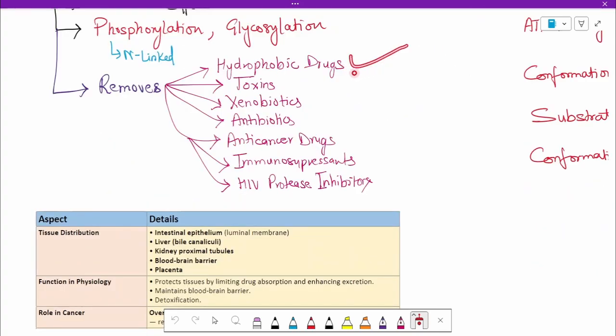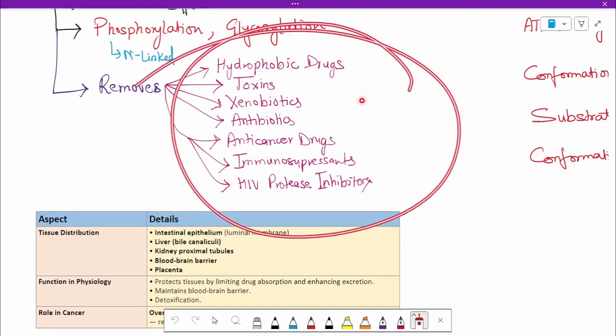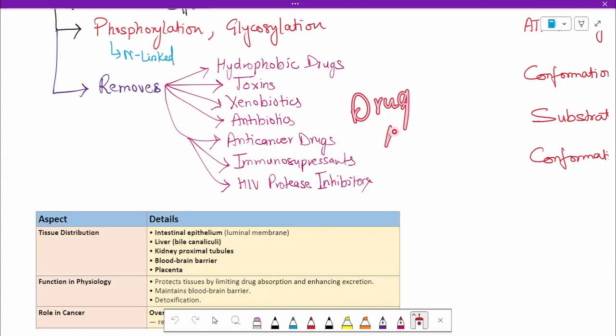It exports hydrophobic drugs, toxins, xenobiotics, various antibiotics, anti-cancer drugs, immunosuppressants, HIV protease inhibitors. So it helps in developing drug resistance, and that is why it is called the multi-drug resistance efflux transporter.